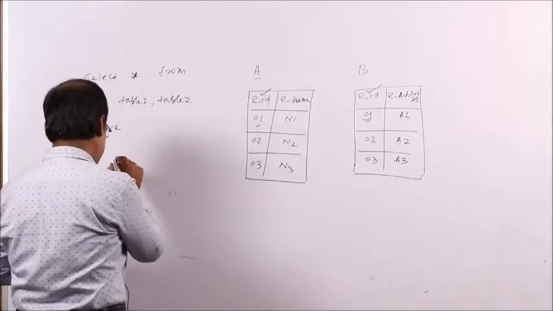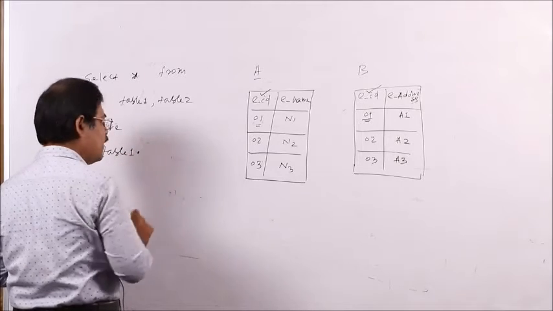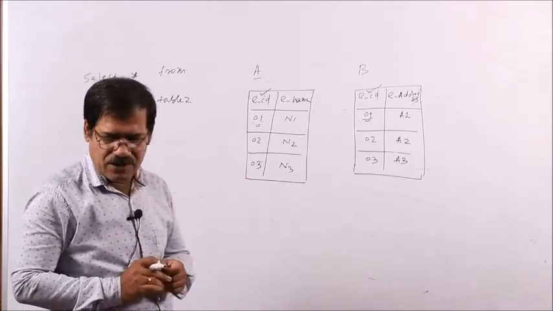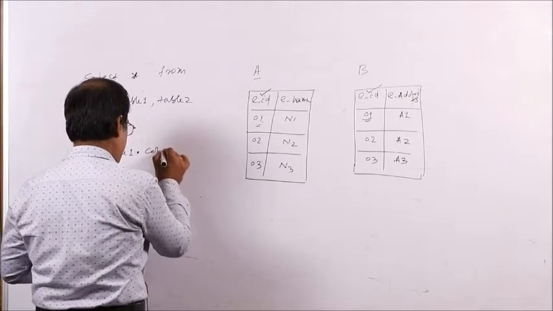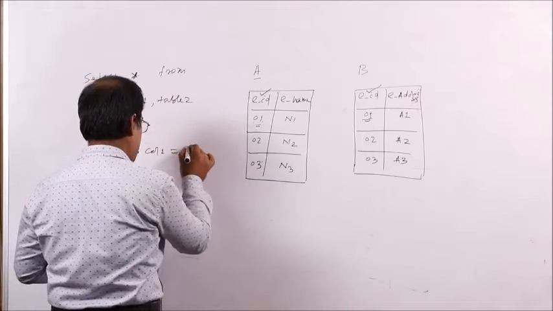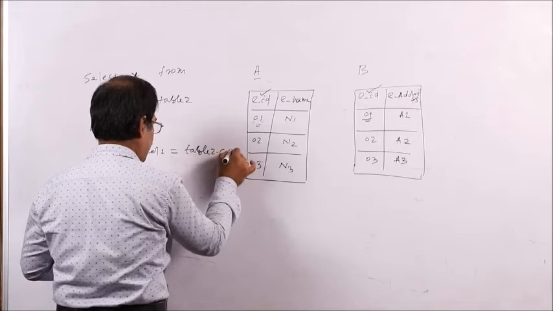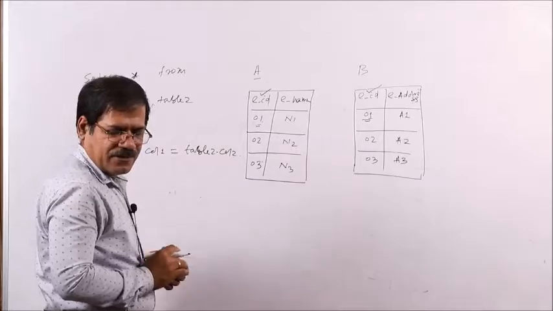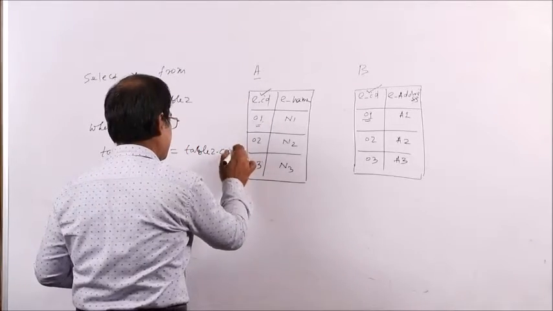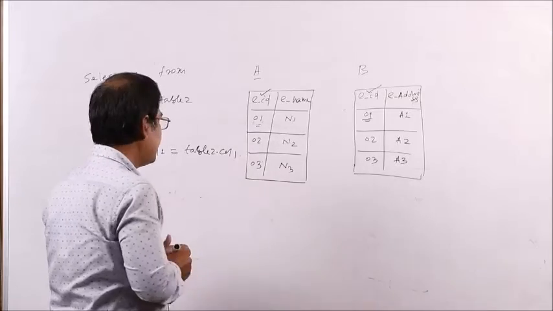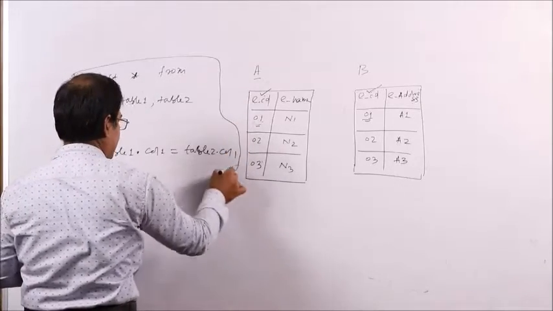That is, where table 1 dot column 1 is equal to table 2 dot column 2. So, this is the general syntax you write in this format.